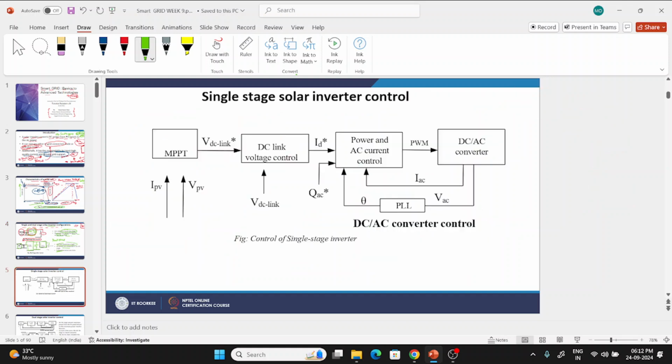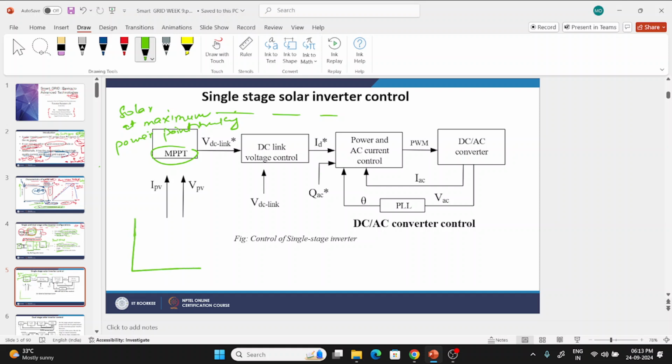So now coming toward the single stage solar inverter control. In MPPT, as I have already said, we will operate our solar cell at the maximum power point. So our solar cell will operate at the MPPT point. What is an MPPT point?